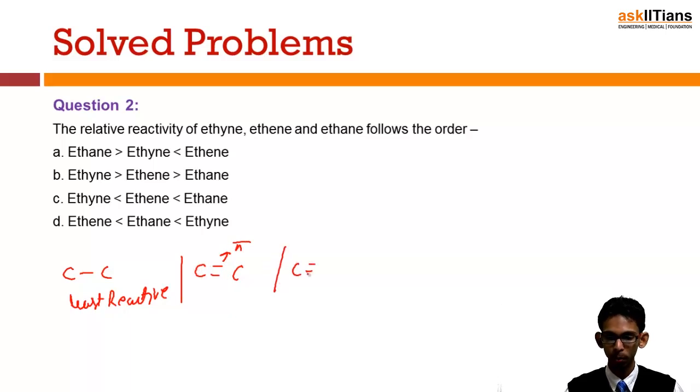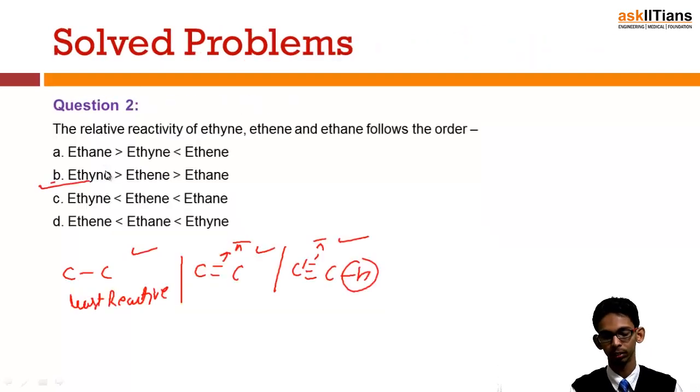Followed by carbon-carbon triple bond, there are actually two pi bonds, and this hydrogen is also highly acidic, and these undergo addition reactions. So the most reactive one would be alkyne, followed by alkene and then alkane. So it is ethyne most reactive, followed by ethene and then ethane. So this is the correct option.